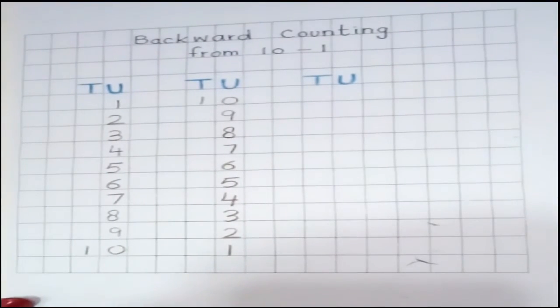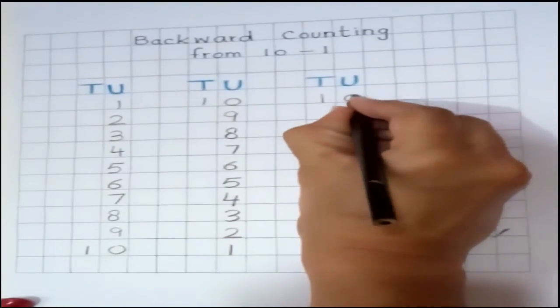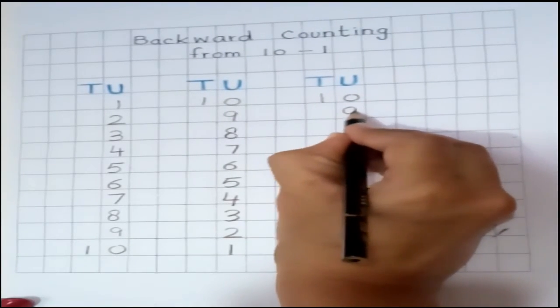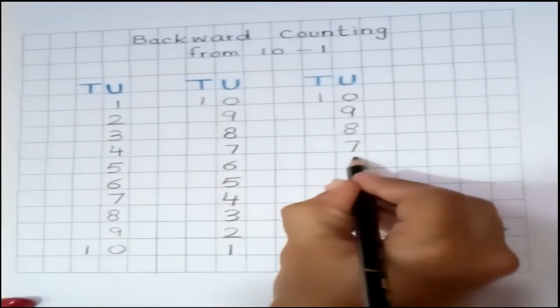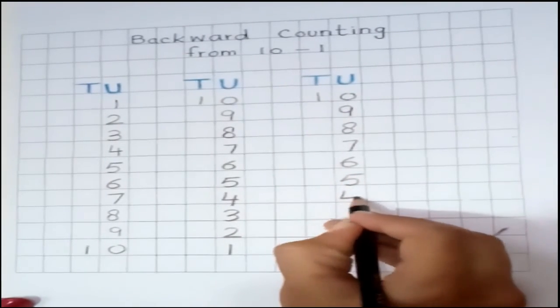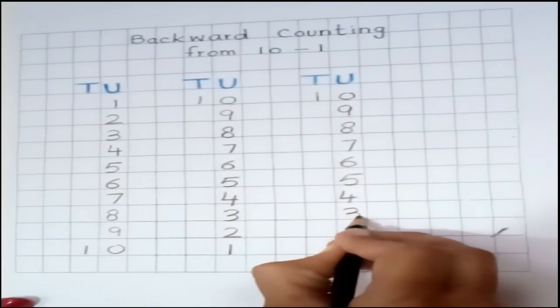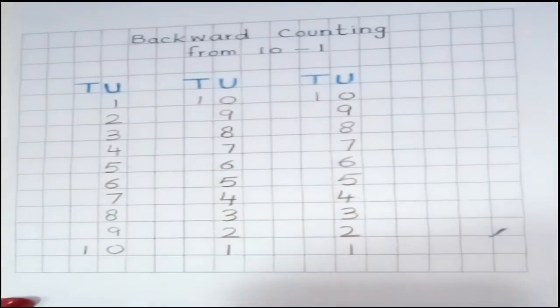This is how you will write backward counting. Again, we will write backward counting. 10, 9, 8, 7, 6, 5, 4, 3, 2, 1. Okay, students, do it like this in your copy.